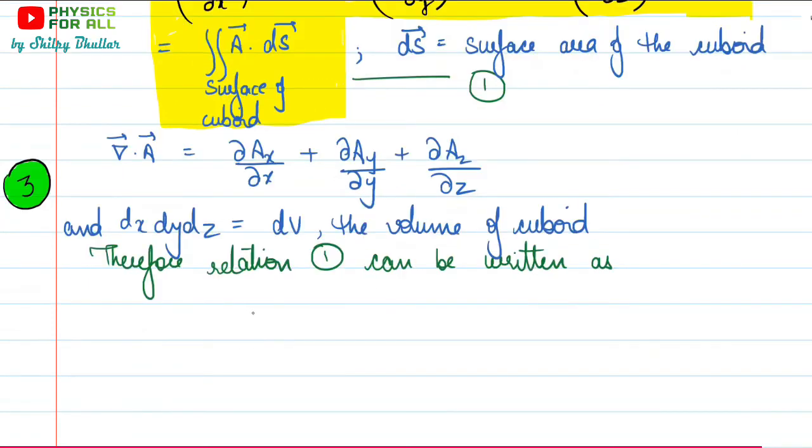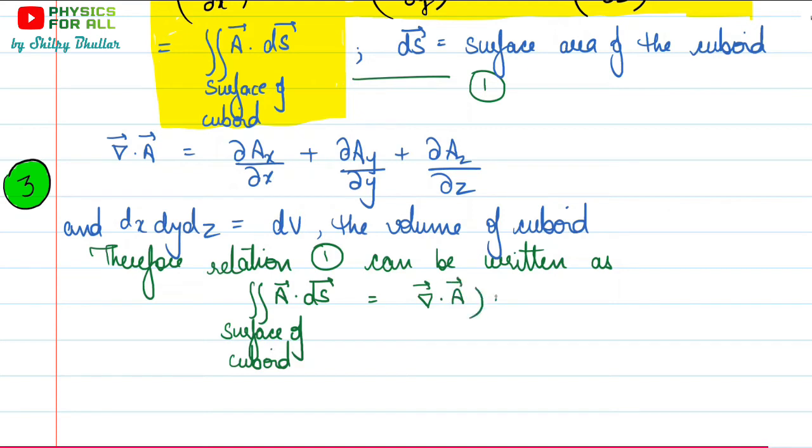So this becomes A dot ds, and here the surface is the surface of the cuboid, and that equals del dot A dv.